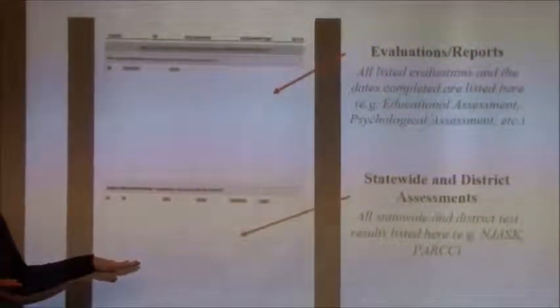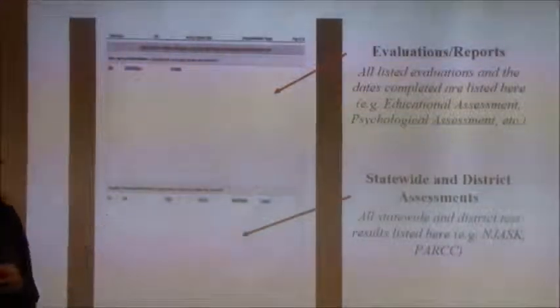These sections here indicate the evaluations and reports. So just a basic summary up on top of the evaluations and the reports that you've already received, as a parent has already received copies of. Down here, the section would be any kind of assessments, such as Mount Park, for statewide and district assessments, and that would be for your older students, not necessarily a little guy.